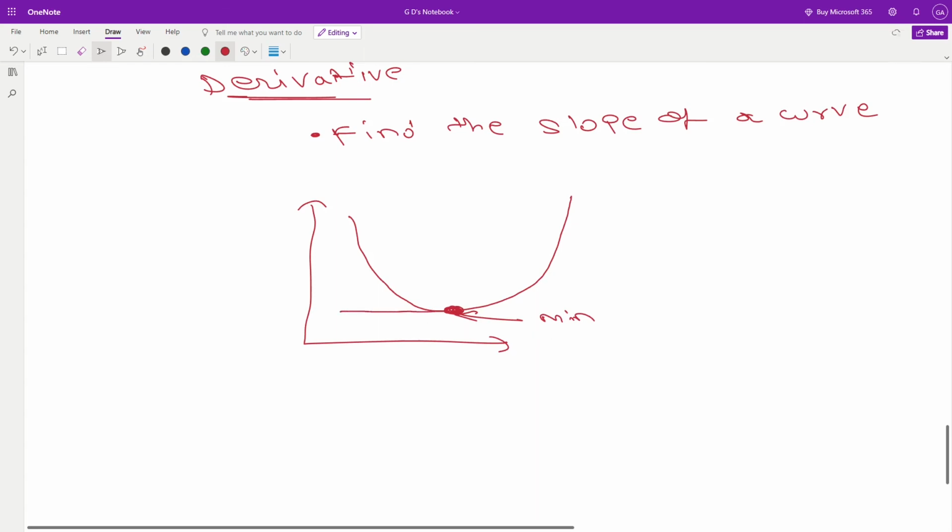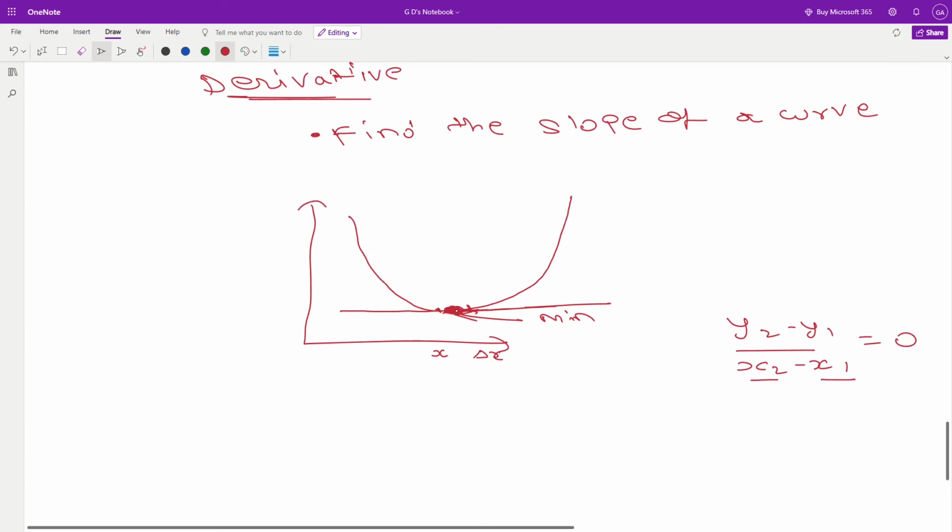And what would be the slope at this particular point? If I draw a line here and want to find the slope, you can clearly see that if I change my x value from x to delta x, my y is exactly the same. So y2 minus y1 by x2 minus x1 would be 0, because when x is changing from x to delta x, y is not changing.